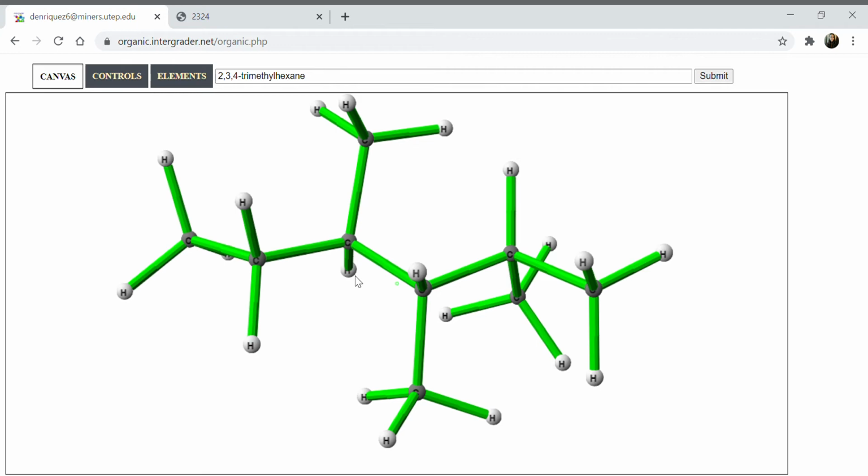We have to go 1 extra, 1 carbon, 2 hydrogens. 1, 2, 3, 4, 5, 6 hydrogens. So 1 carbon and 2 hydrogens. Oh, actually 1 carbon and 5 hydrogens. So since this one only has 6 hydrogens and this has 5 but has a carbon, this is going to be the highest priority.